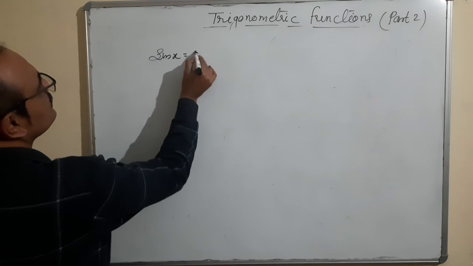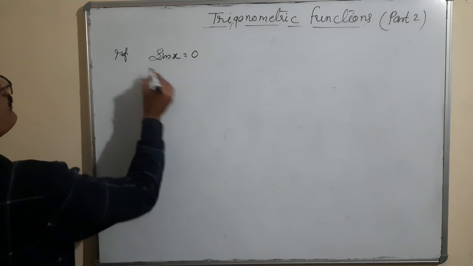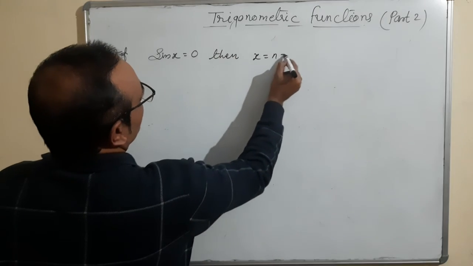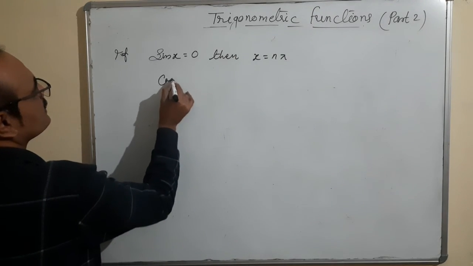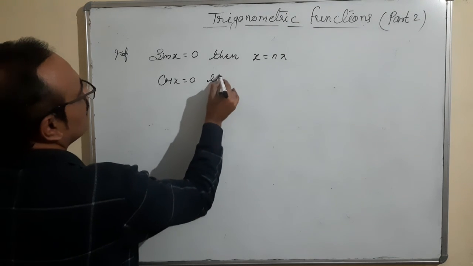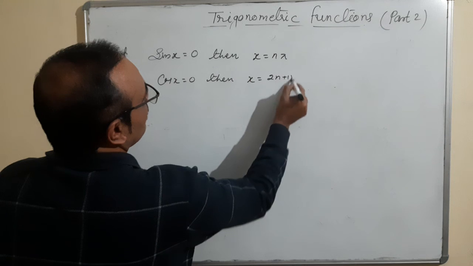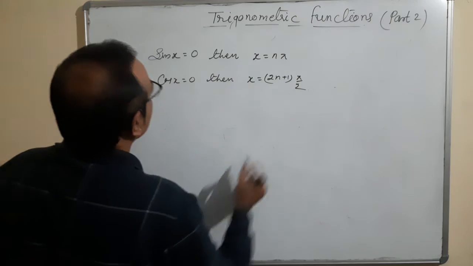Sin x is equal to 0, then x is equal to n pi. Cos x is equal to 0, then x is equal to (2n plus 1) pi by 2.